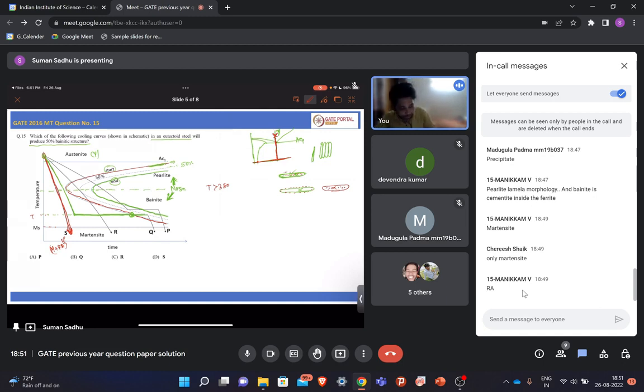So at this point your transformation is starting, then it is going further, then it is touching this point, that is the 50% transformation, and then we are quenching it. So if we follow this cooling curve, what microstructure will we get?